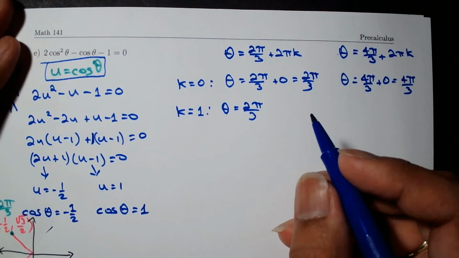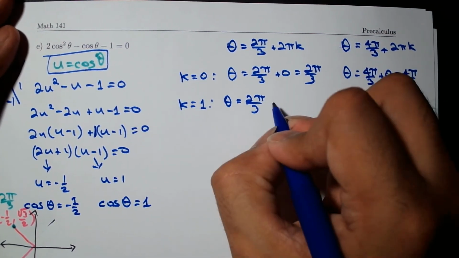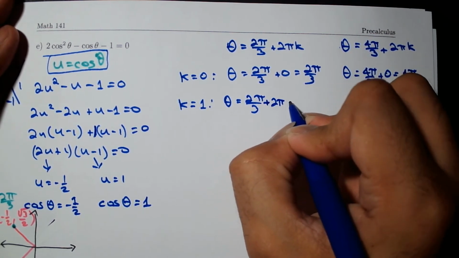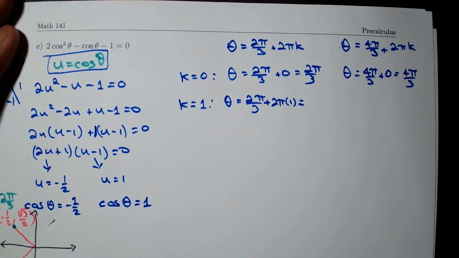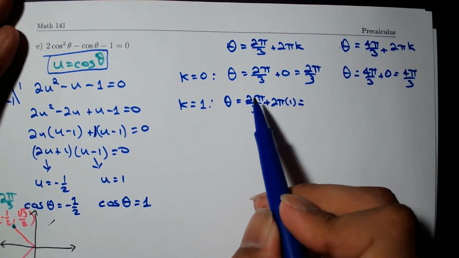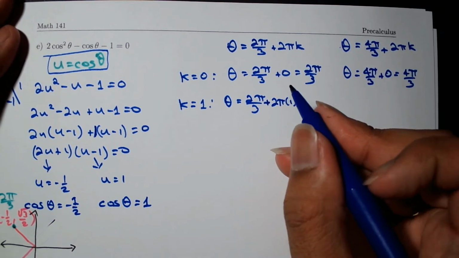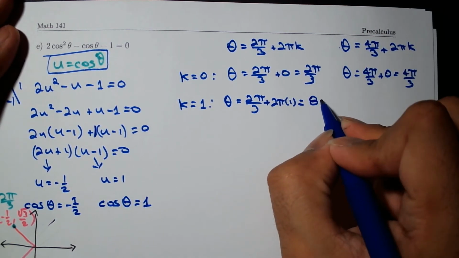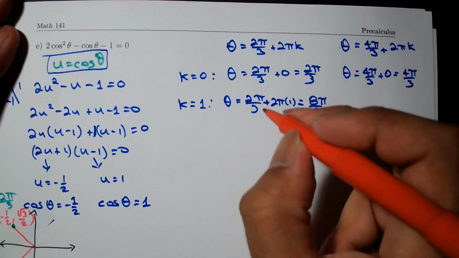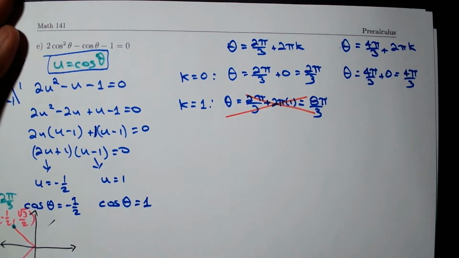Let's not just rely on pictures, and let's do the math here. So 2 times 1, which is 2. 2 times 3, 6, plus 2, that's 8 pi over 3. And clearly 8 pi over 3 is a number that is larger than 2 pi, so we can just disregard this one.